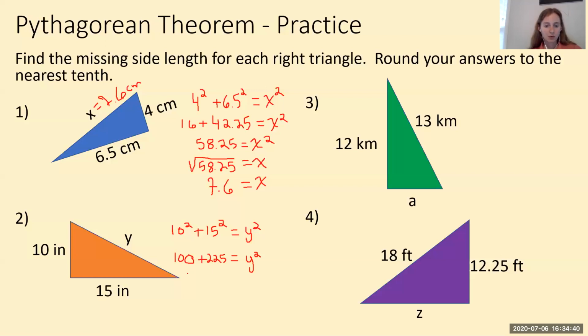All right, so next we've got 100 plus 225 is 325, which equals y squared. And our final step, you guessed it, is going to be to take that square root. So y equals the square root of 325.